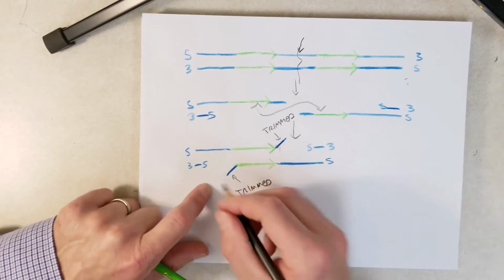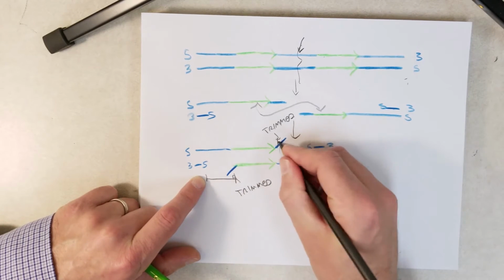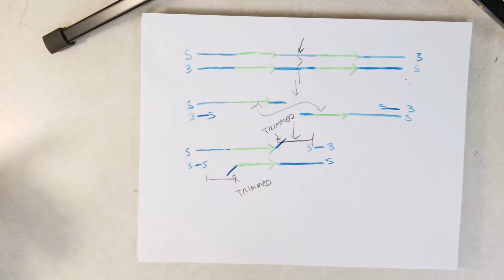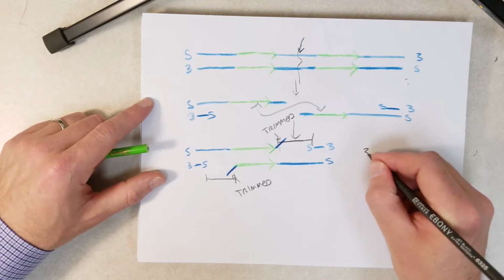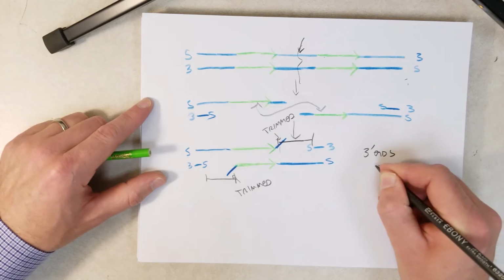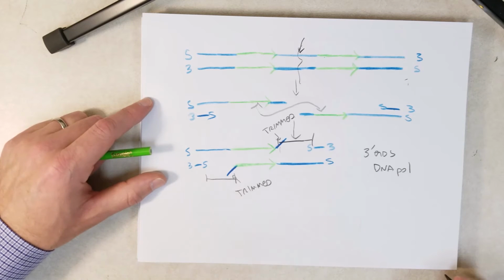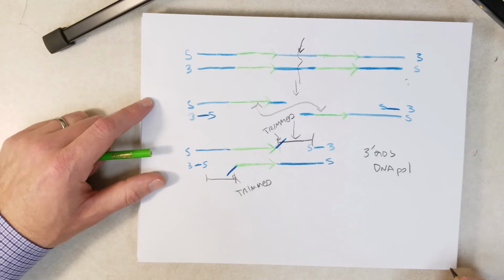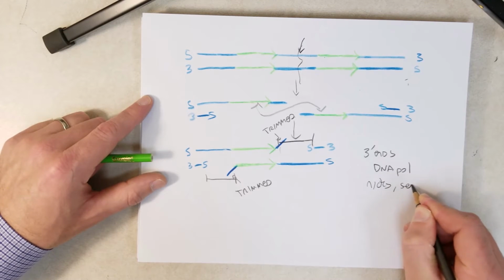After those are removed, we'll be left with a gap here, and anytime we see a gap in a DNA molecule, we can just assume that the 3' ends are used by a DNA polymerase. We don't need to worry about which DNA polymerase in a eukaryotic cell is going to do the extension there. And then the nicks will be sealed by ligase.